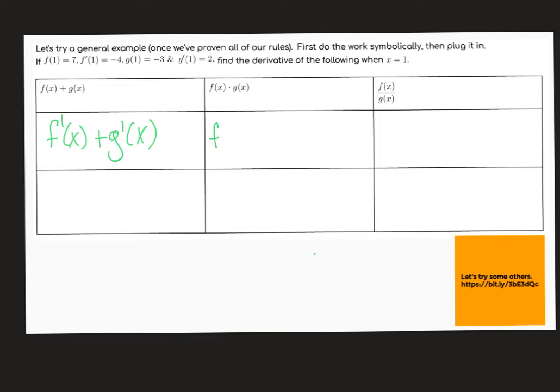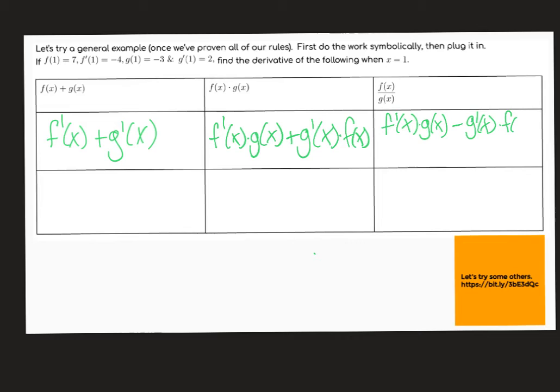This would be f prime of x times g of x plus g prime of x times f of x. And then we're going to have f prime of x times g of x minus g prime of x times f of x over g squared.